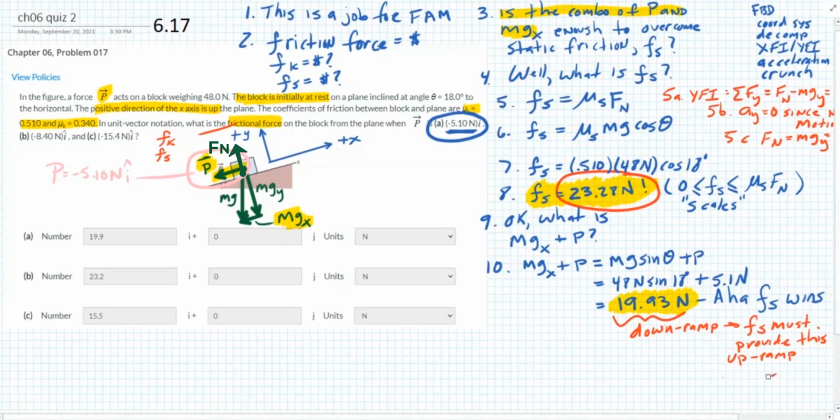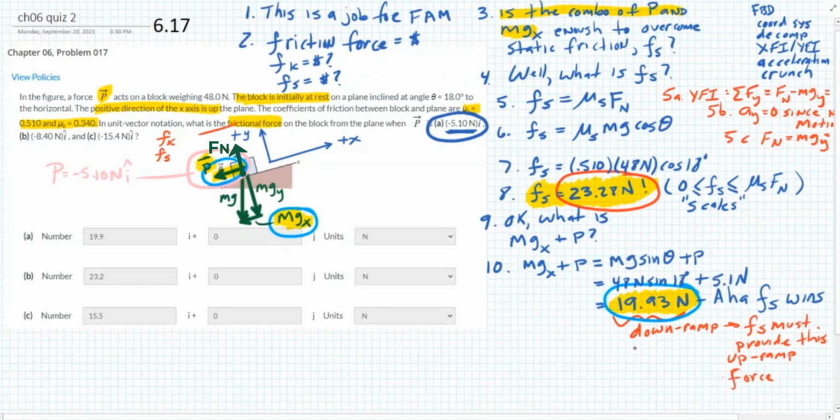I have shown that these two forces, mgx is a down ramp force, P is a down ramp force. They combine to exert 19.93 newtons of downward force on the ramp. And the good news is, from a static friction point of view, I can meet that.